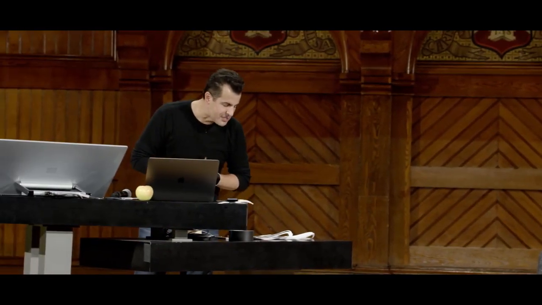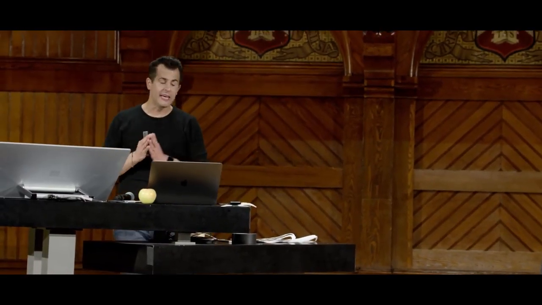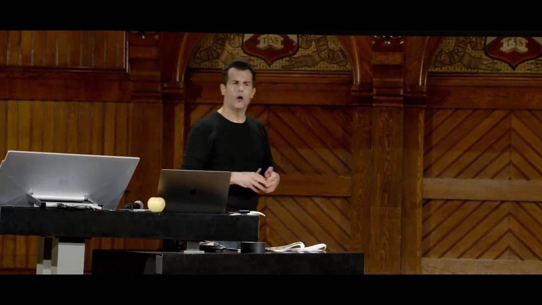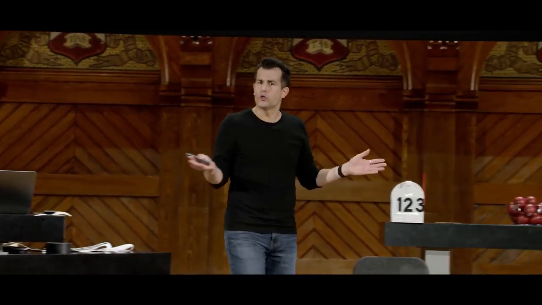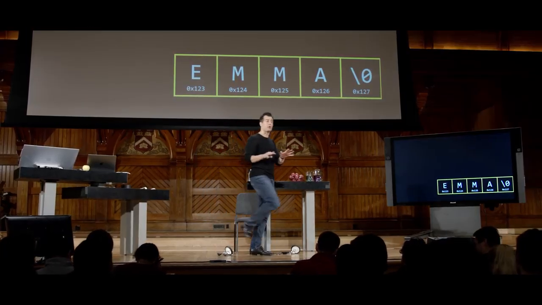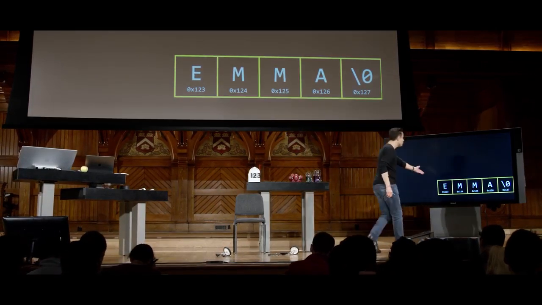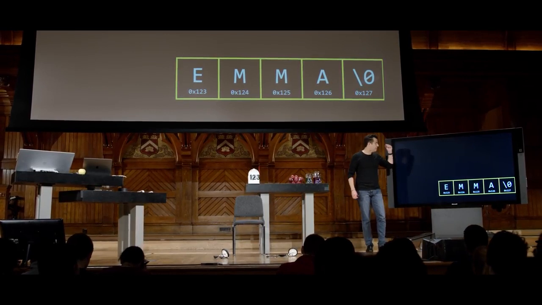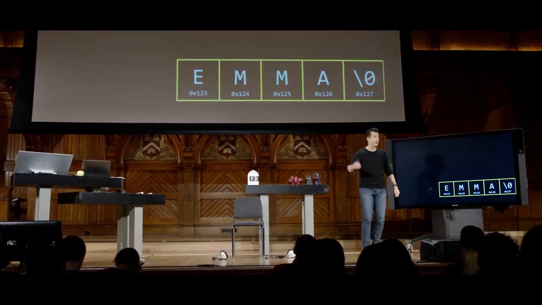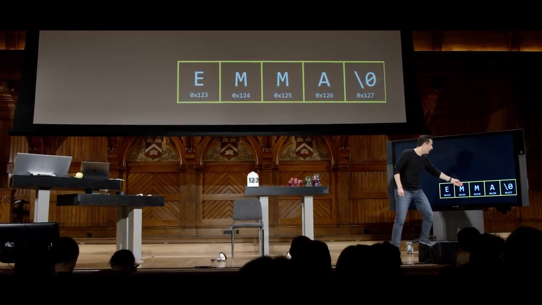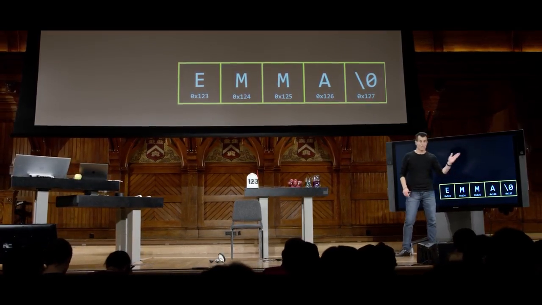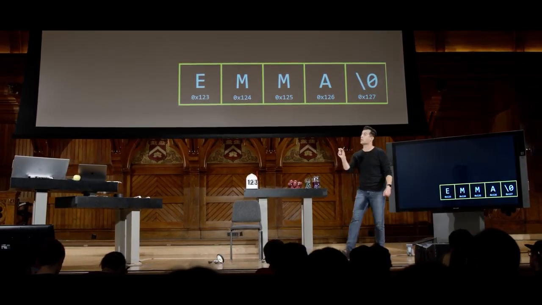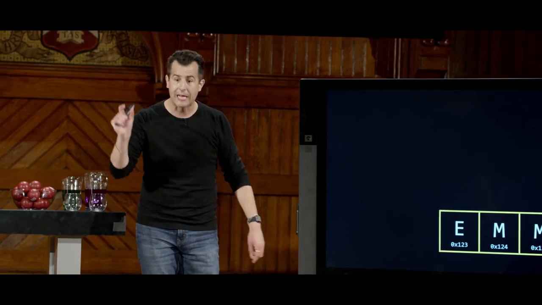But of course, it's the case, especially per today's revelation, that really all of those bytes have their own addresses, right? We're not going to care after this week what those addresses are, but they certainly exist. For instance, E might be at 0x123, M might be at 0x124, 1 byte away, 0x125, 0x126, 0x127. They're deliberately 1 byte away because remember, a string is defined by characters back to back to back.